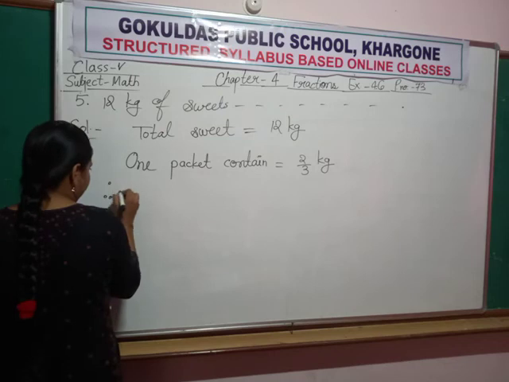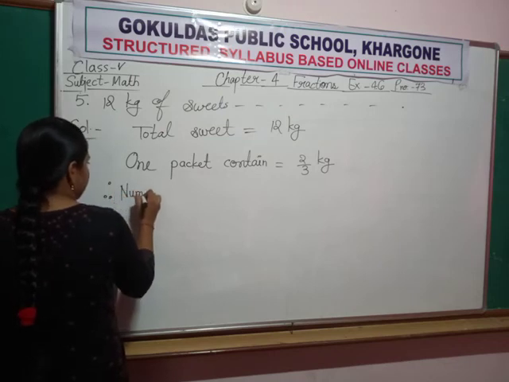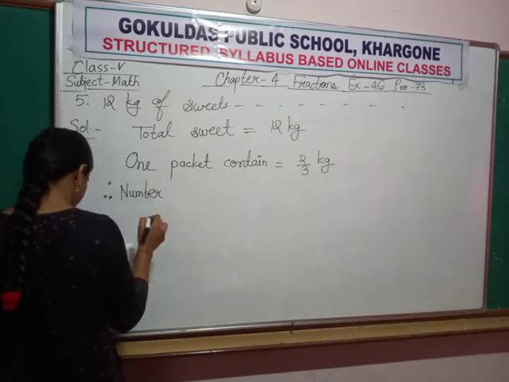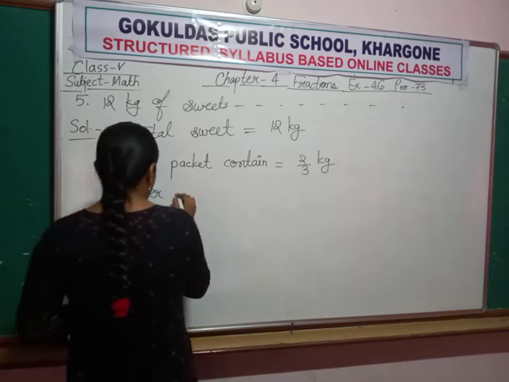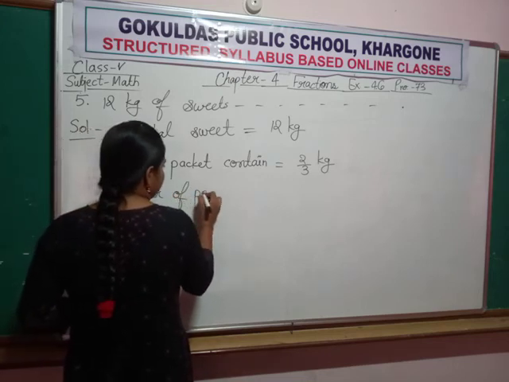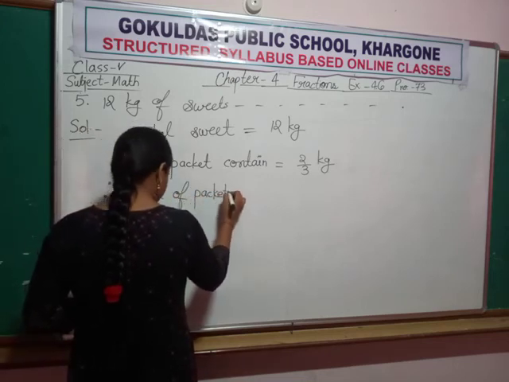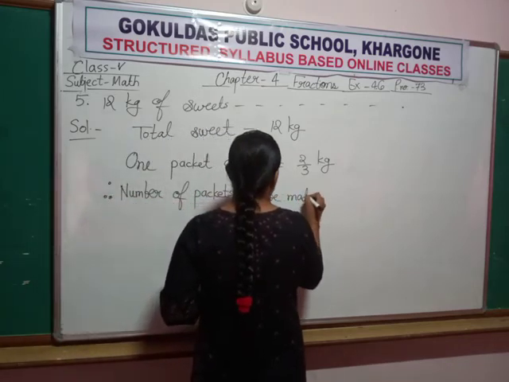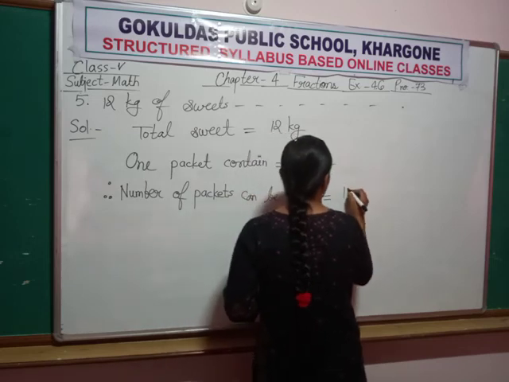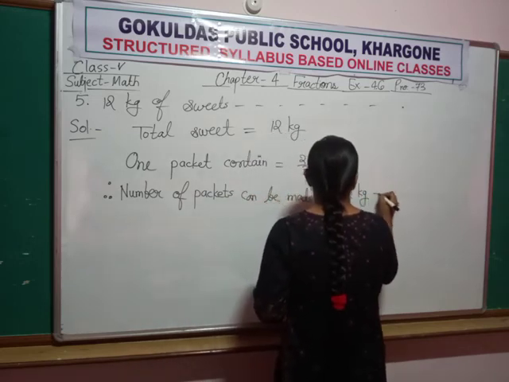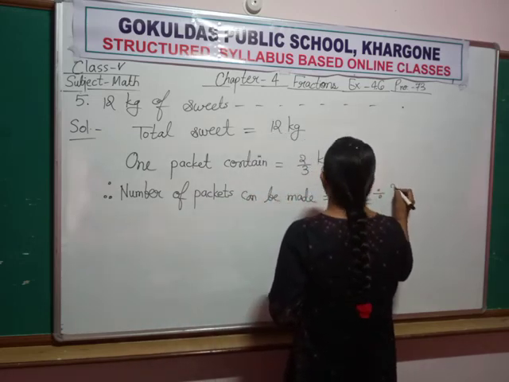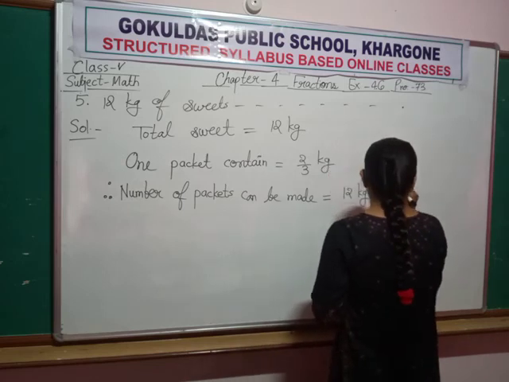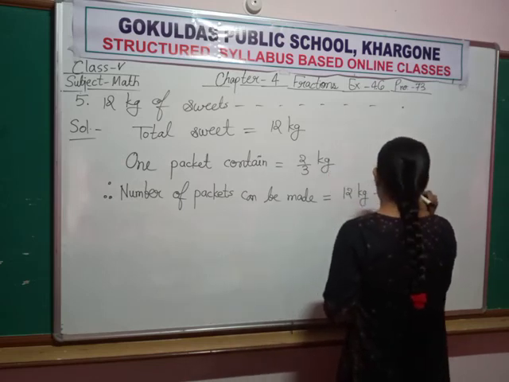Therefore the number of packets that can be made is equal to 12 kg divided by 2/3 kg.